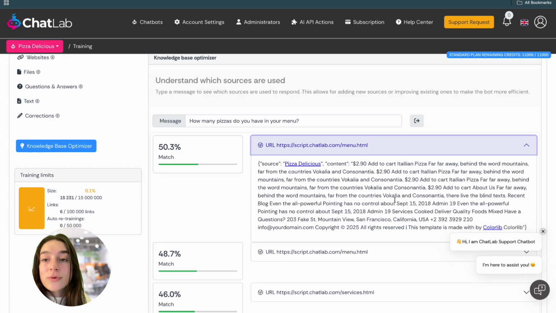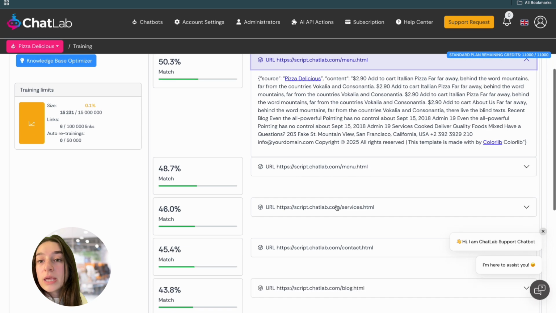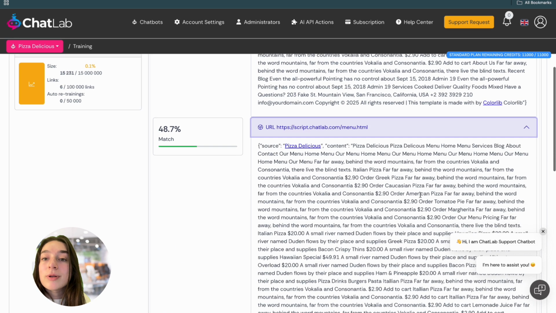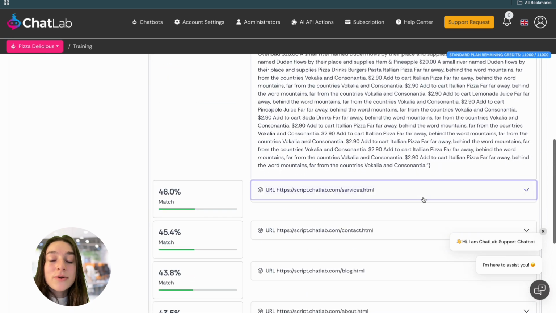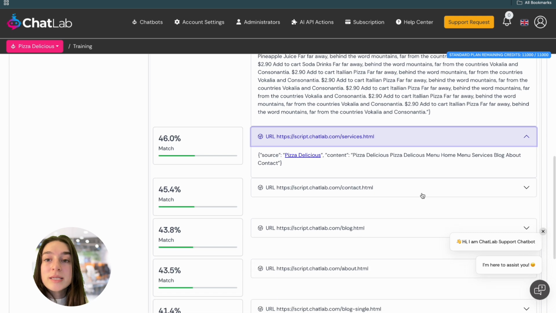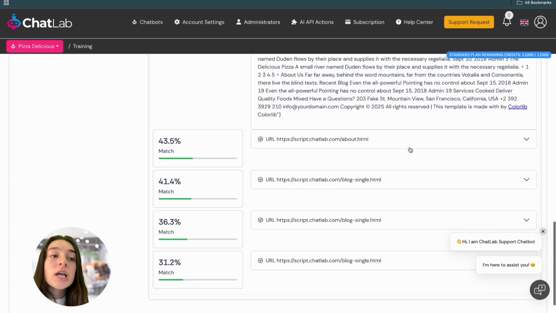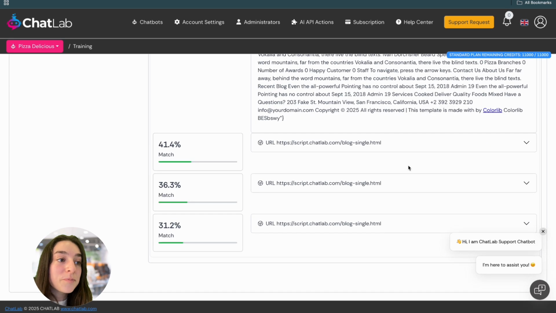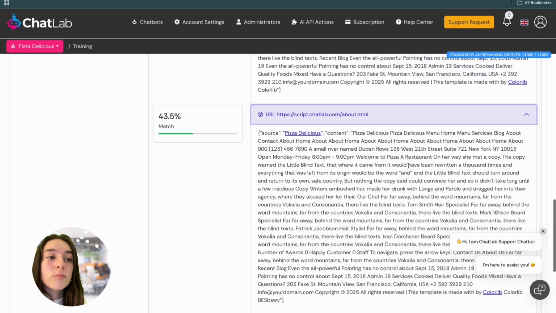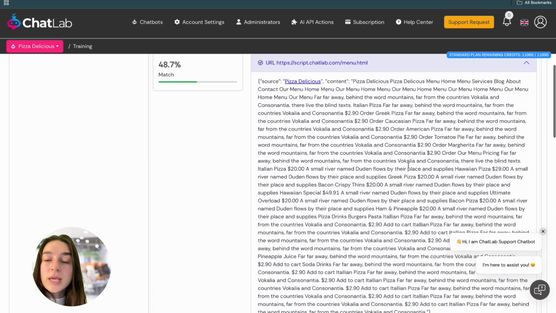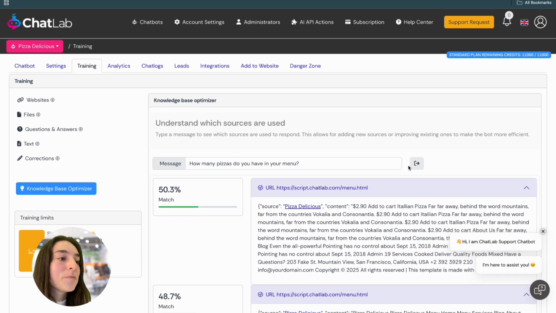It could be missing training information. In majority of the cases, you will notice that the chatbot simply doesn't have the right information. The knowledge base optimizer shows some irrelevant pages that do not contain the answer to that specific question. And you might need to add a proper page or document to be able to answer that question.